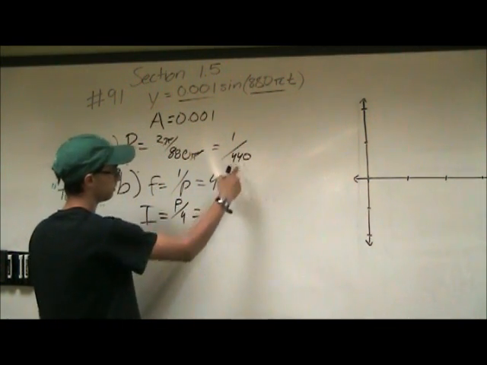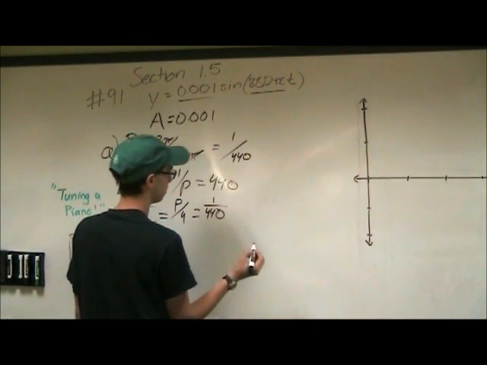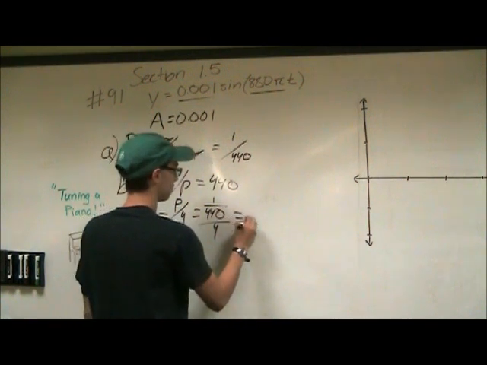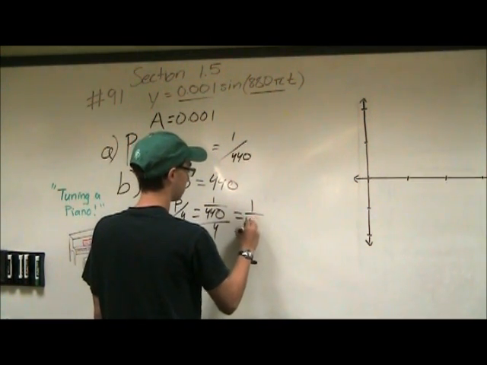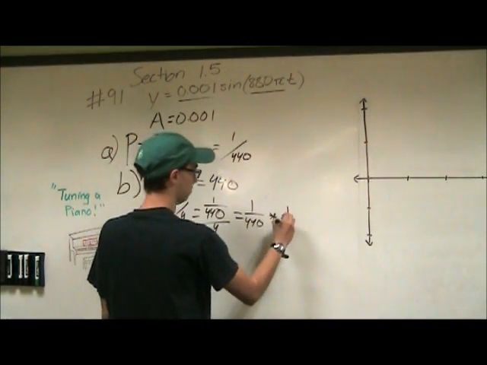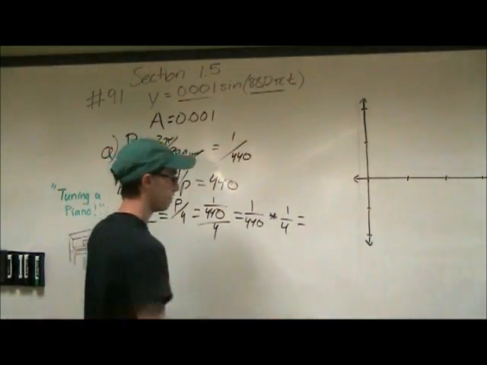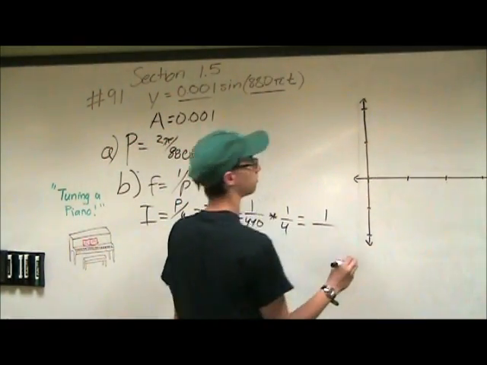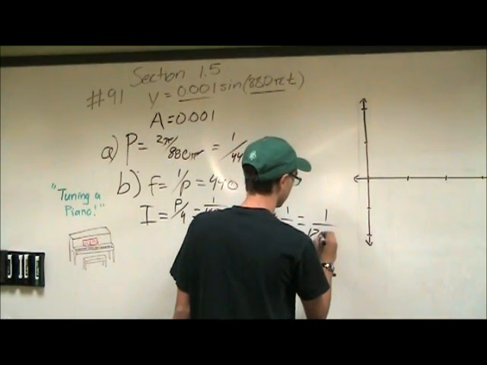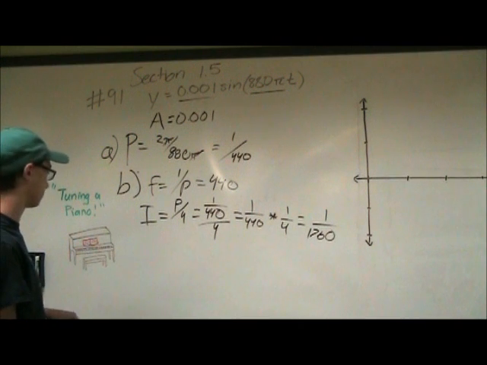So period is here, 1 over 440 divided by 4, which can also be written as 440 times 1/4. So that equals 1 over 1760. Awesome. So now that we have that, we can get the key points.